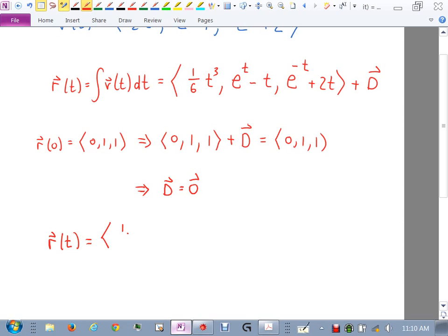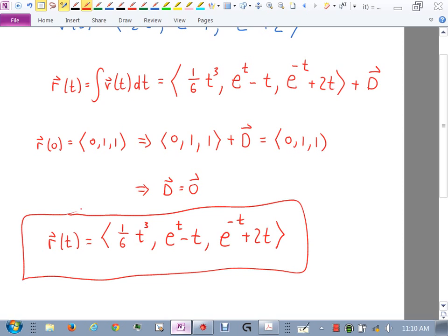It's the vector function 1/6 t cubed, e to the t minus t, e to the negative t plus 2t, done. Questions?